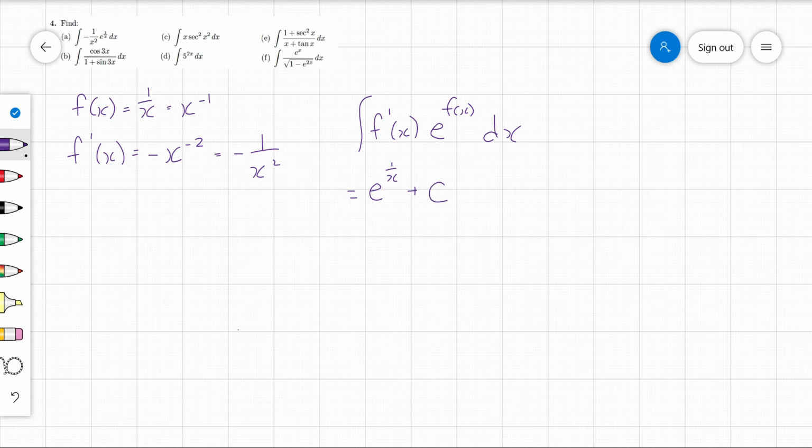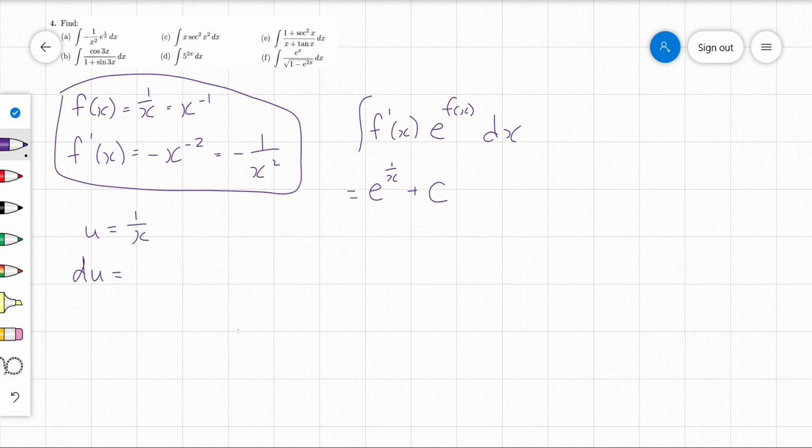Now, another way I like to do it, I'll only do this once. This is my preferred method, but the book kind of uses this method, so I'll do that. I like to say something like let u equal the 1 on x. So that means du dx, but I'm going to put the x on the other side.